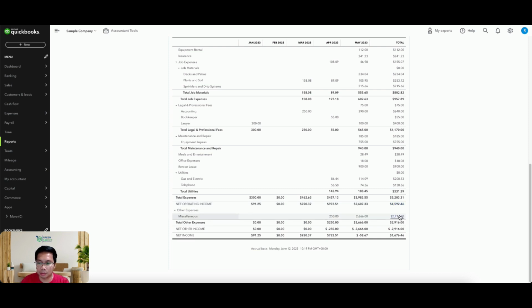And here come the other expenses. If you have other income, then it will be shown here too. Then adding or deducting other expenses and other income from net operating income becomes your net income. Net income is the bottom line, and that determines the performance of your business for the period.